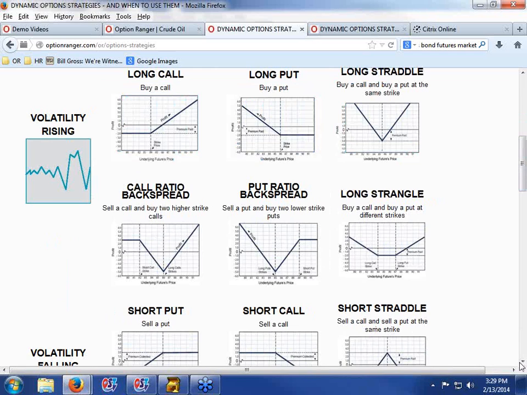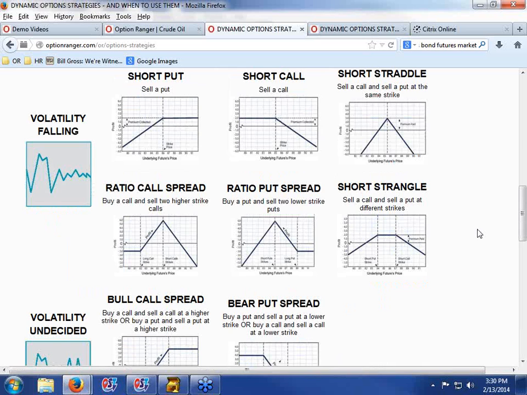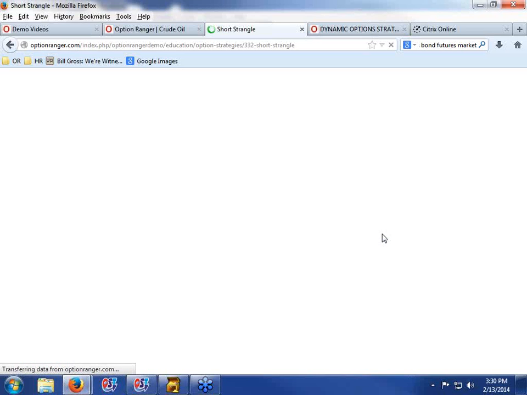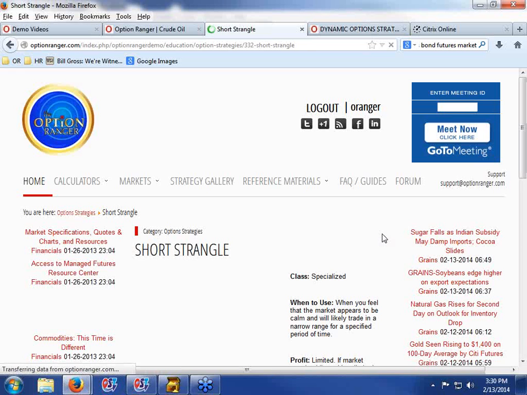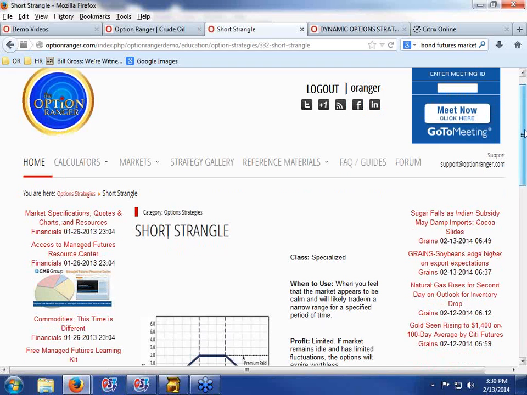And as a principal ingredient in selecting this trade, more so than direction, is simply the outlook that the volatility in the market's going to fall. So that whatever has been going on in a given trade, you think that it's going to quiet down. If you think the market's going to go sideways and quiet down, then this is a trade to which you would go.